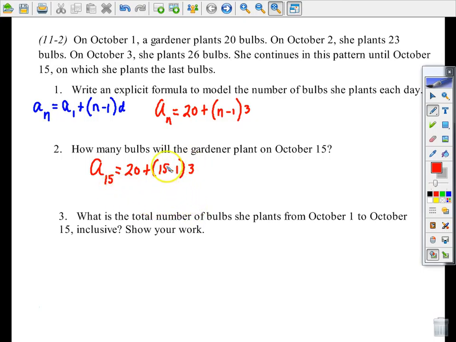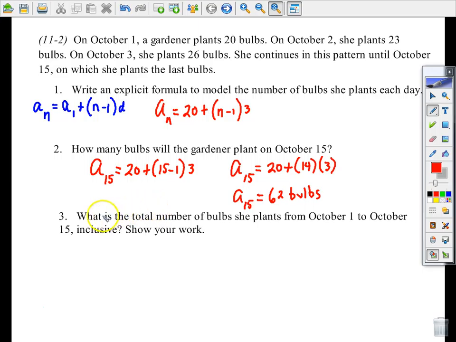Simplifying, the number of bulbs planted on the 15th day will be 20 plus 14 times 3. 14 times 3 is 42, plus 20 makes 62. So the number planted on the 15th day is 62 bulbs.